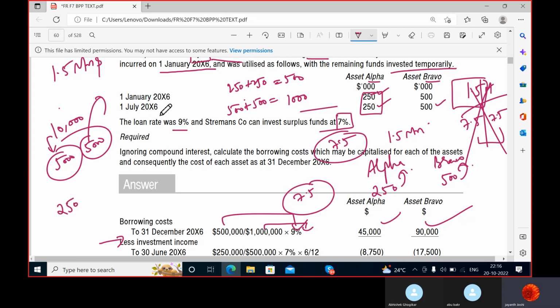So leftover was 250 with him. This 250 he invested. He will invest for 6 months. This whatever he has utilized is gone. Now it won't come. This he has invested. Now after 6 months, he has 250. He can invest this 250. Okay, see, understand.